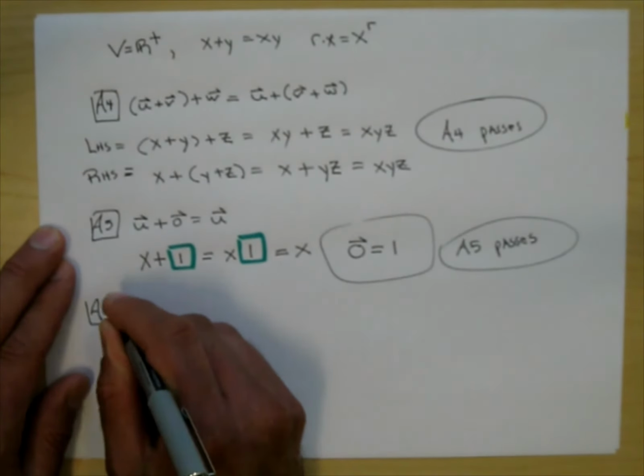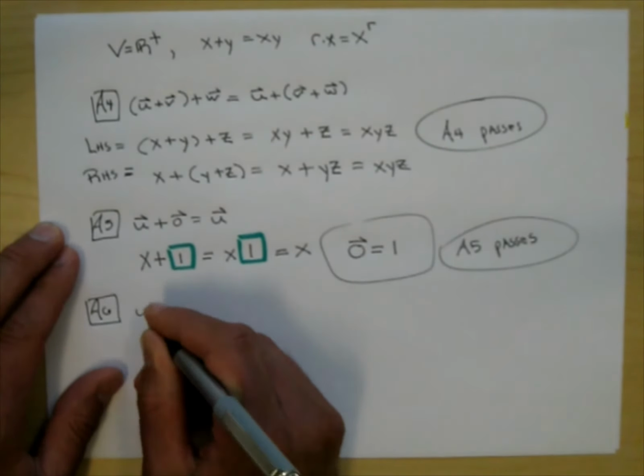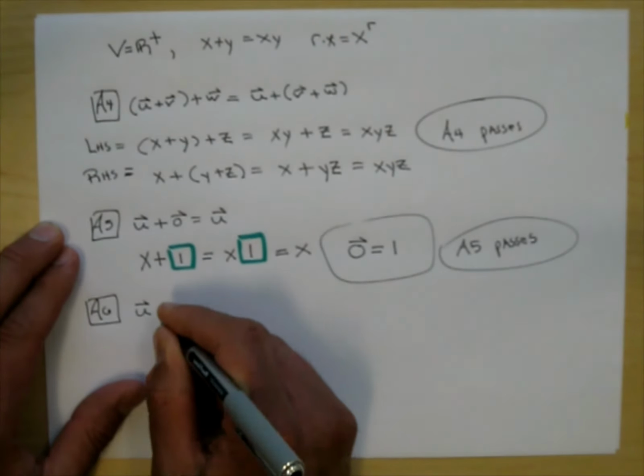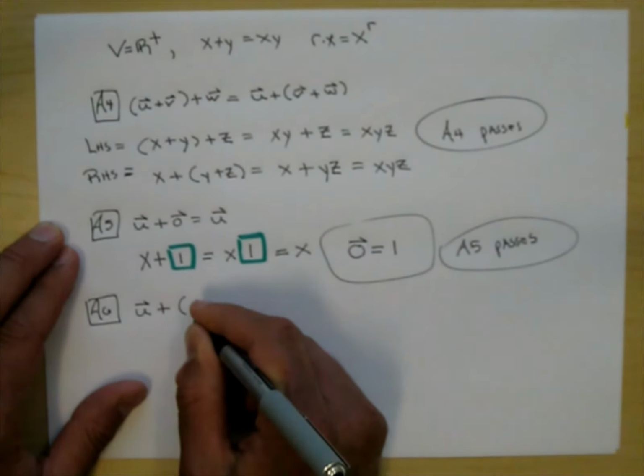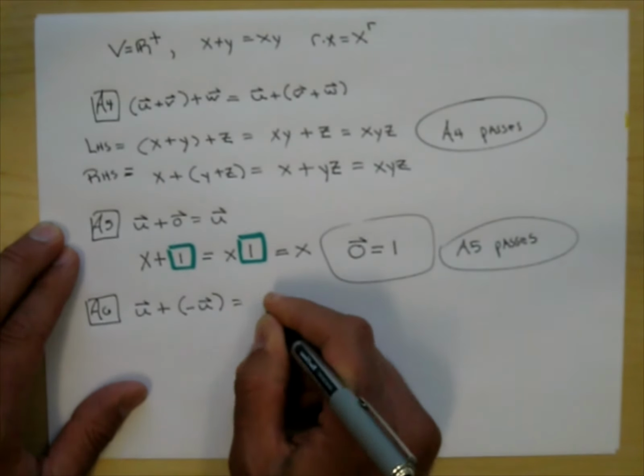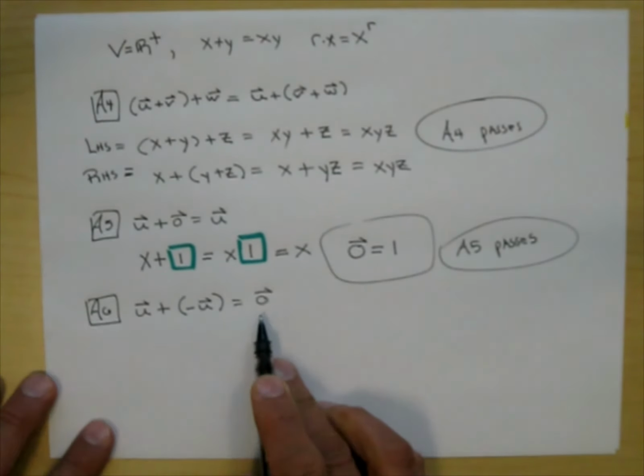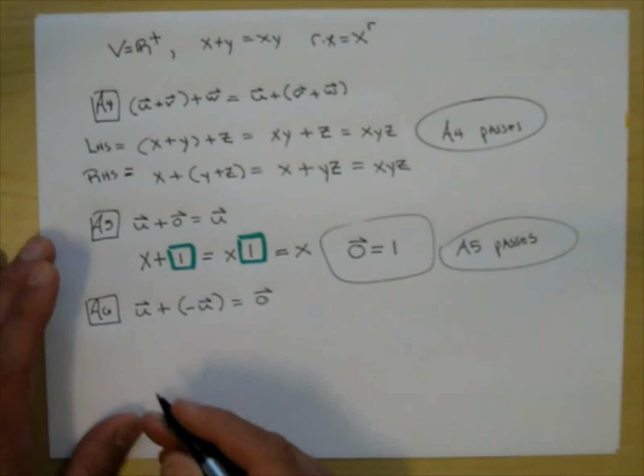Axiom 6. If you've got any vector in that vector space, there exists an additive inverse, which gives you the zero vector. But what's the zero vector in our vector space? It's 1. So let's think about this.